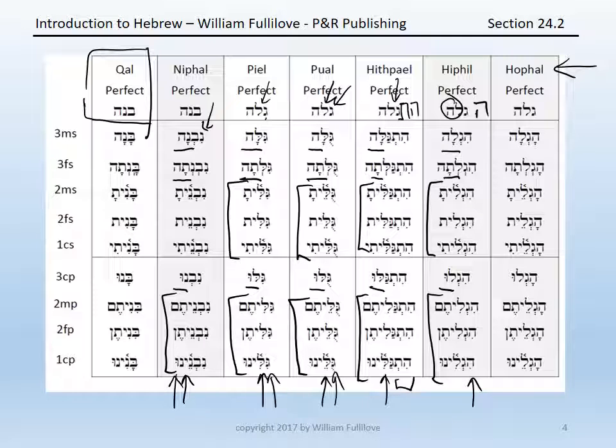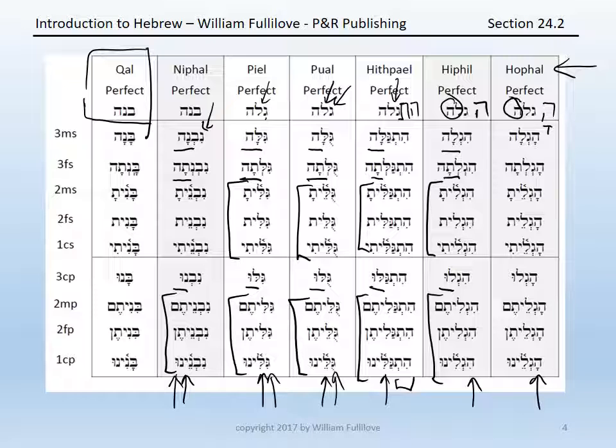And finally, the Hofal: hogla, hoglata, hogleta, hoglet, hogleti, hoglu, hogletem, hogleten, hoglenu. Remember, the tip-off is the ho with the qamets hatuf, an o sound vowel, and that is consistent through the whole paradigm.